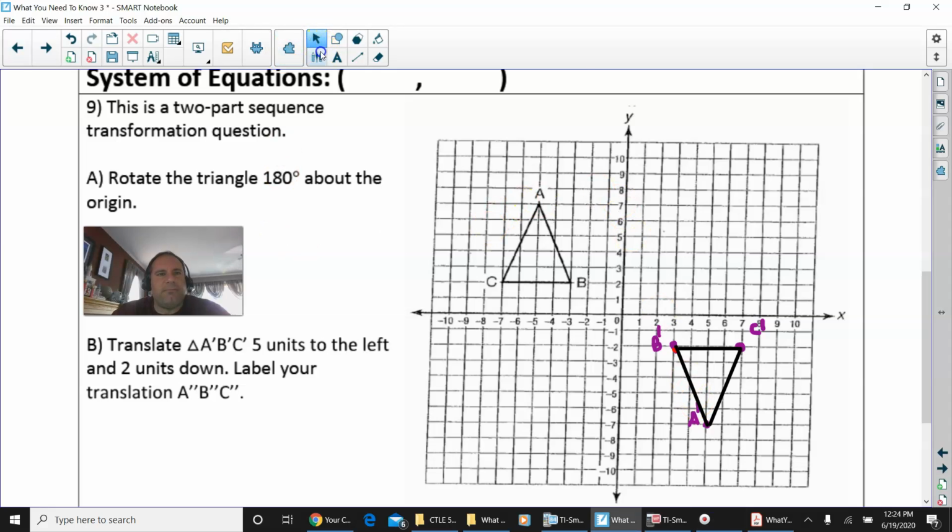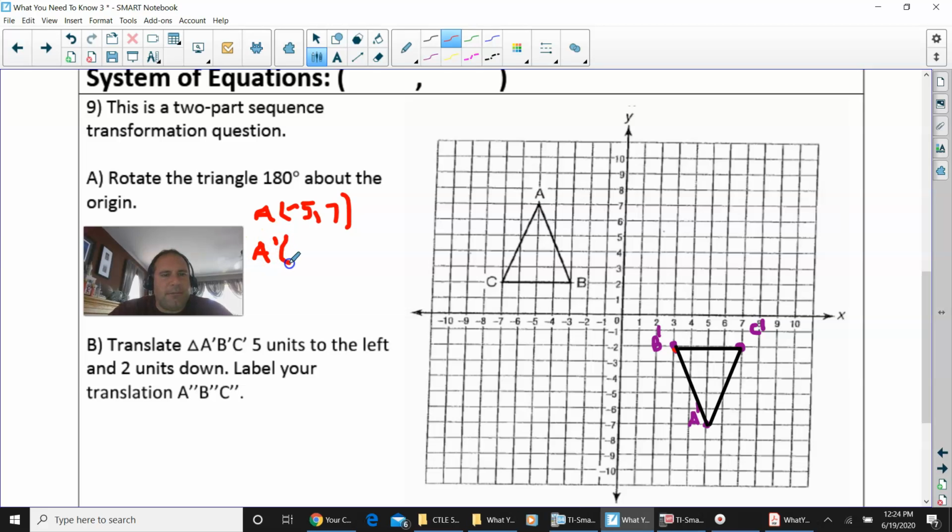Also, just wanted to make sure that you understand the rules. A was -5, 7. A prime became, after the rotation, 5, -7. So take a look at the rule, if you knew it.